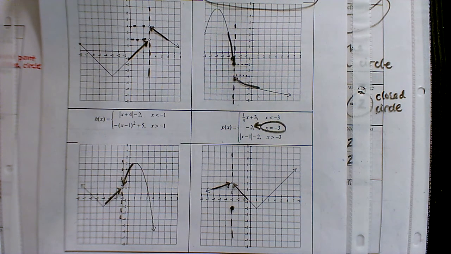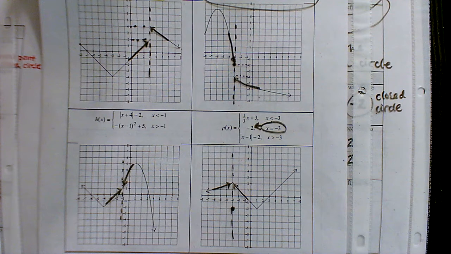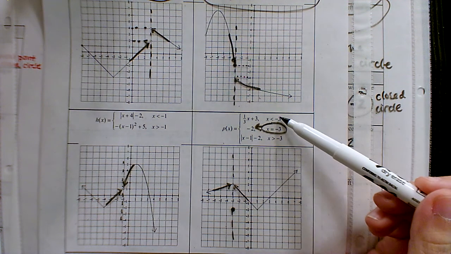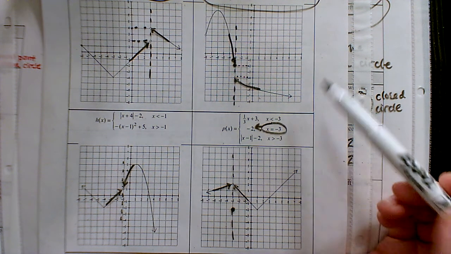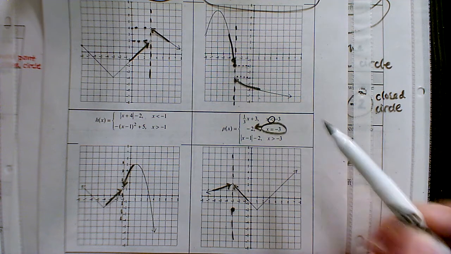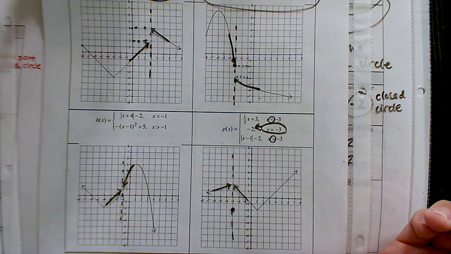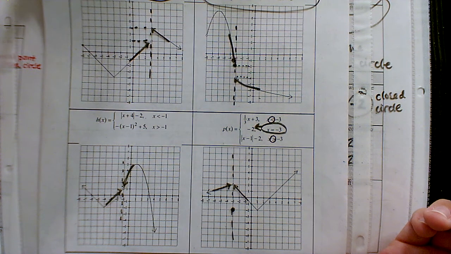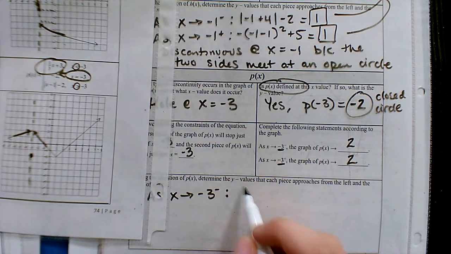Okay, so if you think about numbers to the left of -3 on a number line, that's like -4, -5, -6. Which one of the domains would those numbers fall in? Are those less than -3 or greater than -3? Yeah, they're less than. Okay, so we're going to use the first equation.